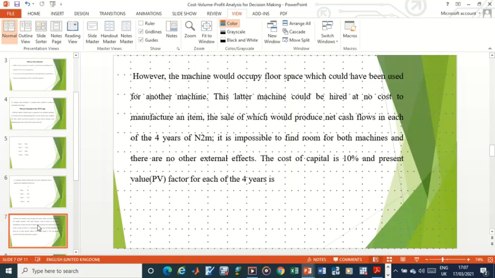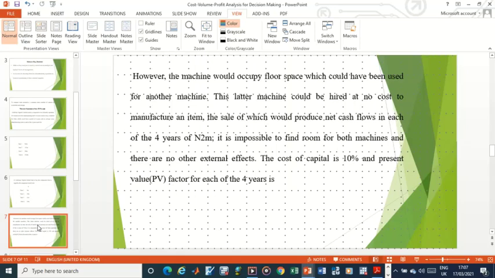The sale of which would produce net cash flows in each of the 4 years of 2 million naira. If you look at this critically, this is the opportunity cost that Adefolaju Nigeria Limited is going to suffer if it decides to produce this machine internally. It is impossible to find room for both machines, and there are no other external effects.